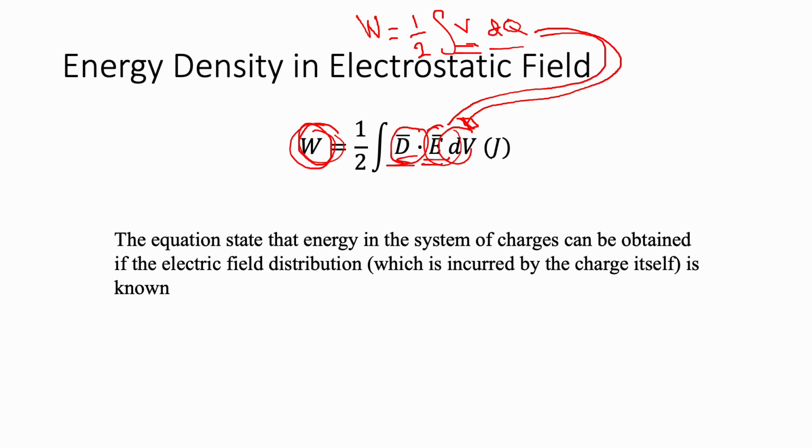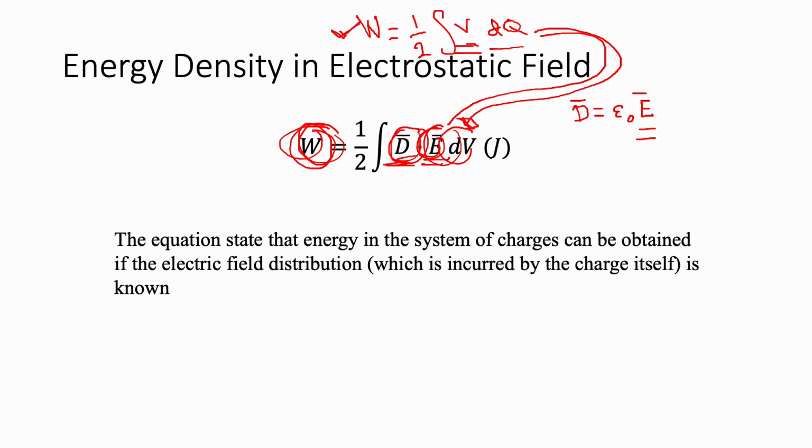Once you know your E, you can also know your D, because D equals epsilon naught E. The dot product of both will give you a scalar form, and therefore your work will also be in a scalar form. So it represents well.